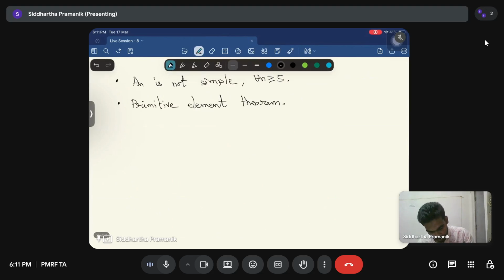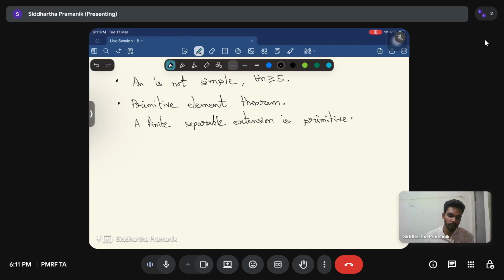So maybe I can write it here. A finite separable extension is primitive because it can be embedded into a finite Galois extension.